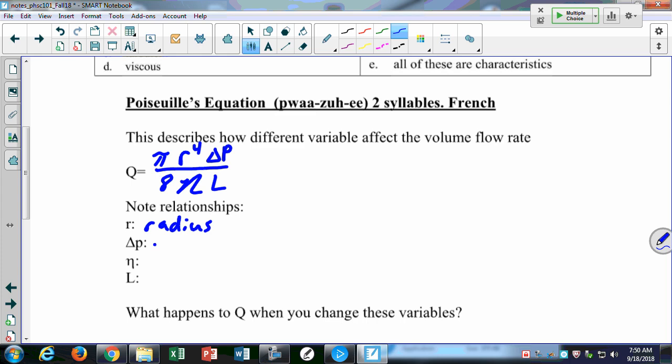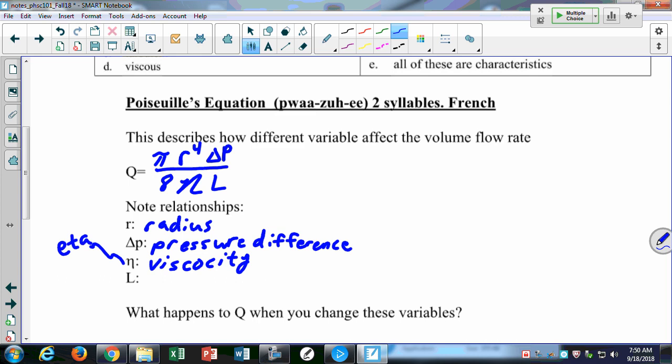Delta P is the pressure differential, or the pressure difference. Eta is a measure of the viscosity. It's the Greek letter eta. And then L is the length.